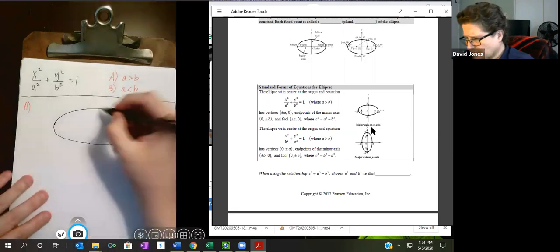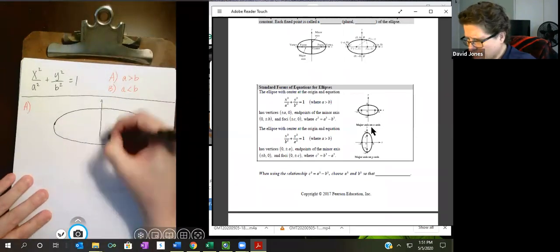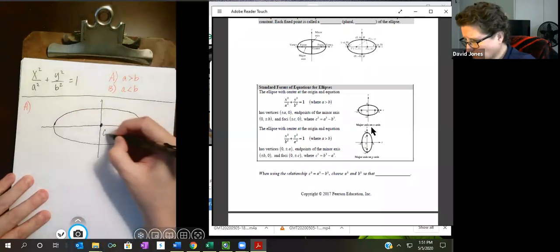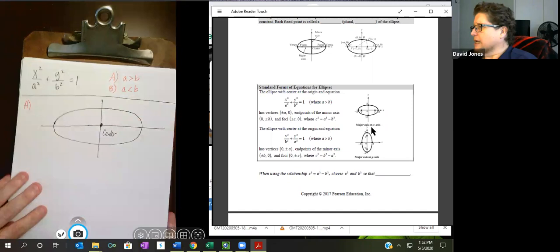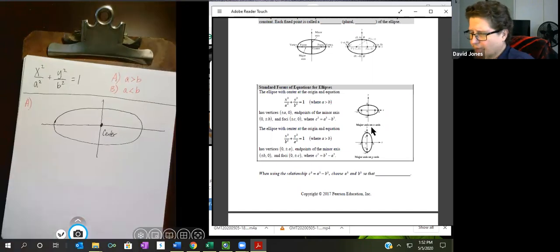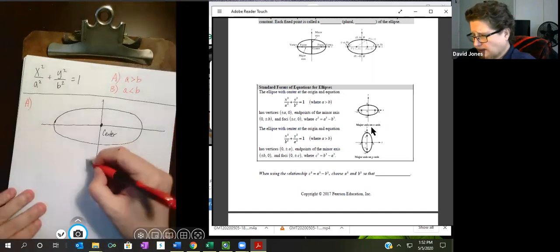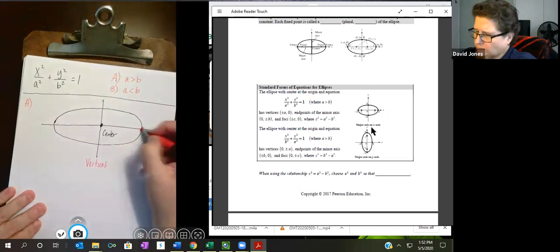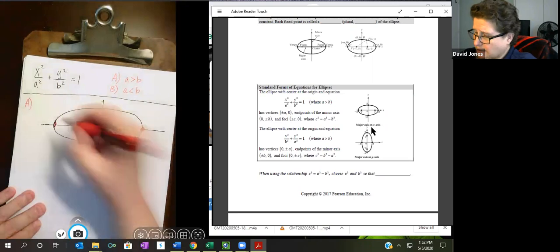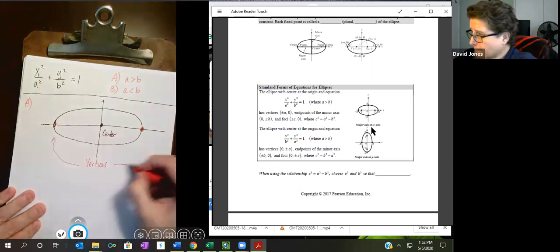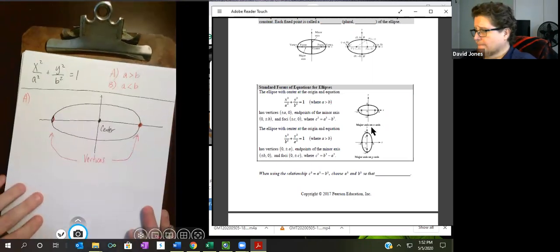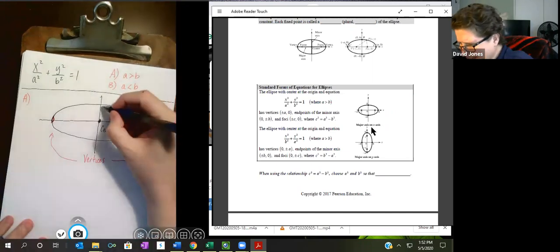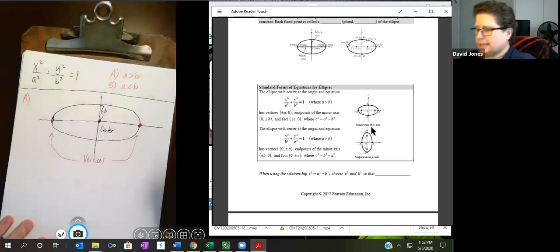We have a center that goes right through the middle. The vertices are right there and there. This distance here is called b.